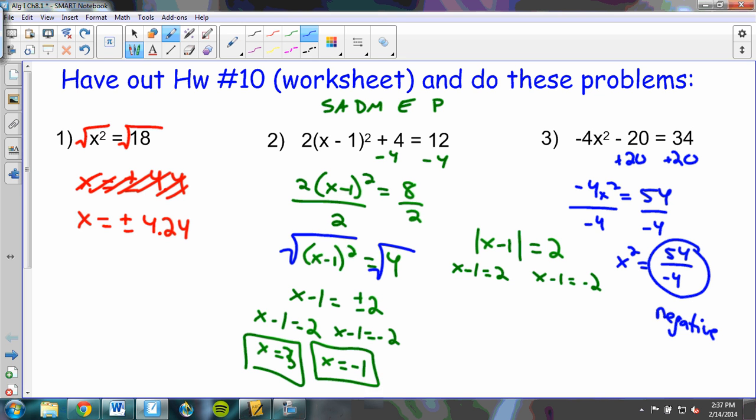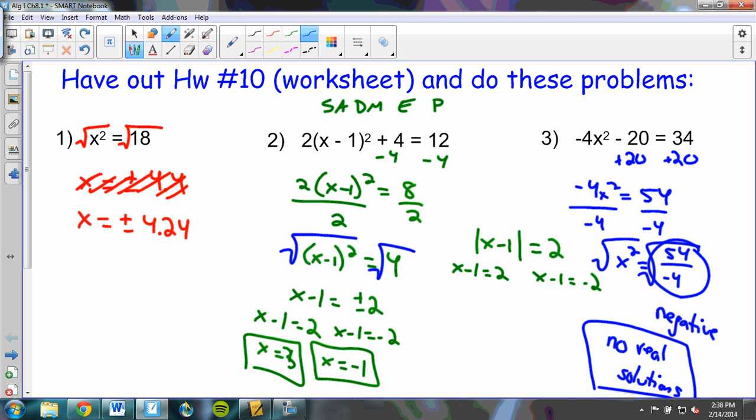And since it's negative, I can't square root both sides, because I can't square root a negative. So this has no real solution. I think it's negative 13.5. The point is it has no real solutions because you can't square root a negative number.